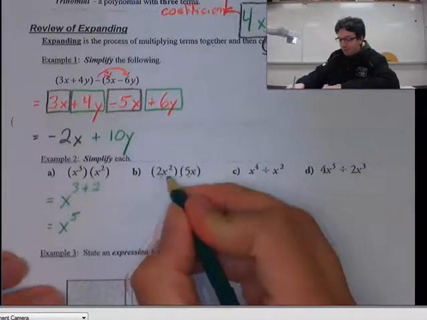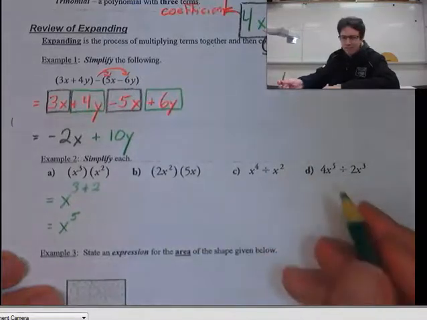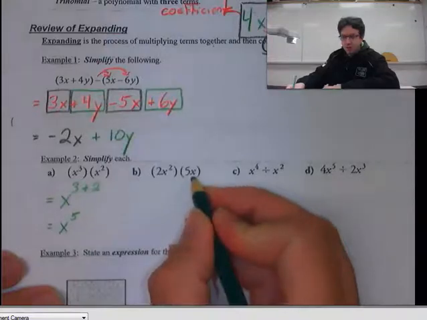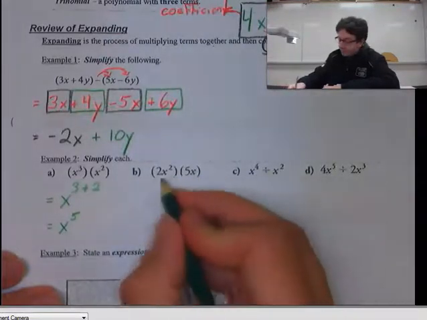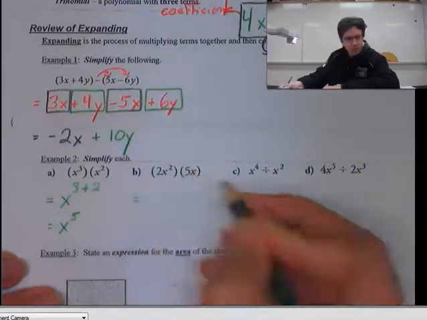Okay, when you have similar bases, it means the same variable, not necessarily the same exponent or the same coefficient, just the same variable or base.